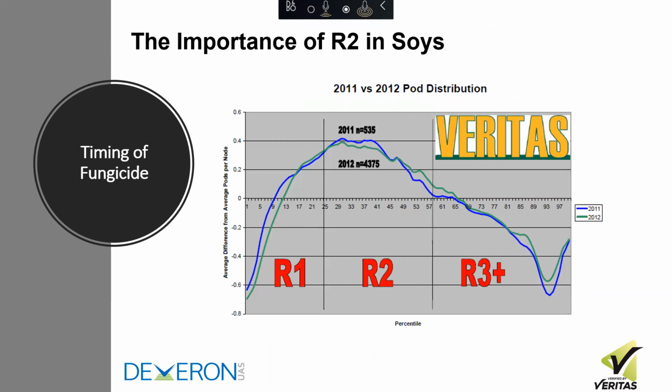So switching back to soybeans. Soybeans is my favorite crop because, well, it's a challenge. Trying to get a consistent response is really, really difficult. Going back to 2011, when we were doing some work to understand how soybeans were responding to fungicide, we went out and collected a bunch of random soybean plants, not just from one field.